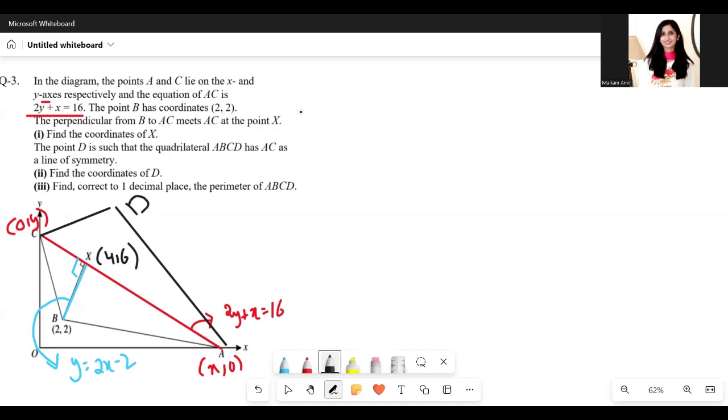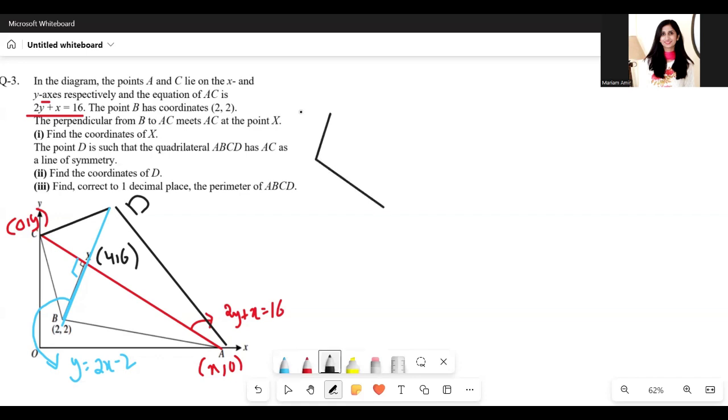D is such that the quadrilateral ABCD has AC as line of symmetry. So this would now extend and meet at D. Okay. So find the coordinates of D. So now you also need to know this about a kite.